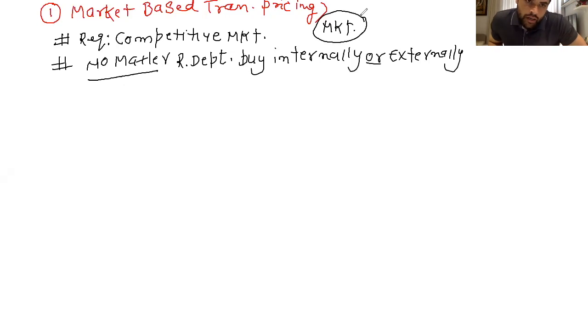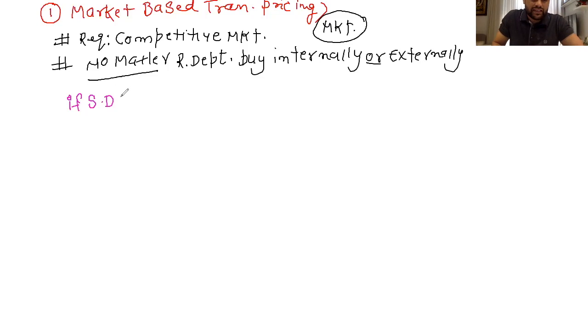So let me give you an example. I'm going to show you one example. Through that example, you can understand. So let's say, if the supplying division sells intermediate products to outsiders, which means the receiving department is not taking goods and services internally, they choose outsiders, right?